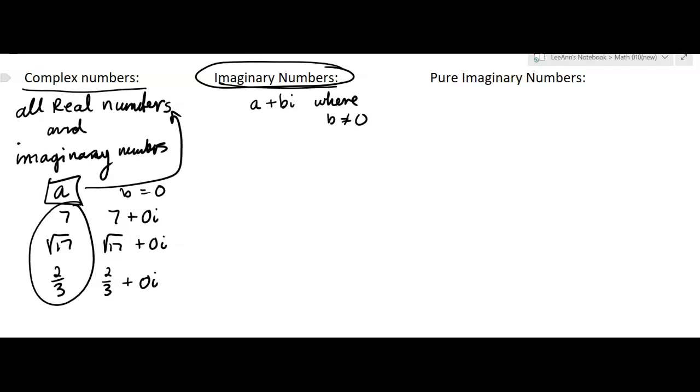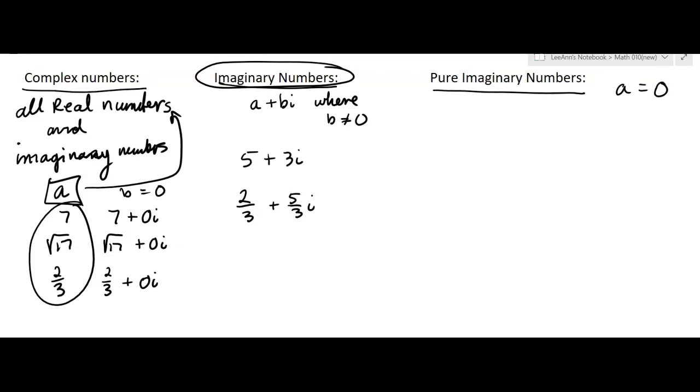So imaginary numbers, back over here, that's when b is not 0. So you could have something like 5 plus 3i. Or you could have 2/3 plus 5/3i. Those are examples of imaginary numbers, okay? All right, and those are both in a plus bi form. A pure imaginary number, that's when a equals 0.